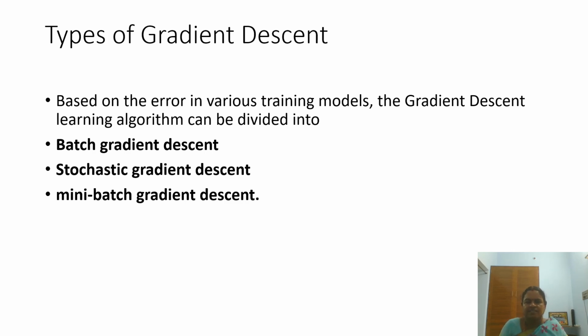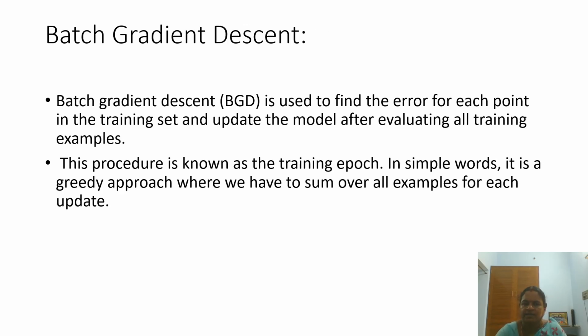Types of gradient descent, based on the error in various training models, are divided into batch gradient descent, stochastic gradient descent, and mini batch gradient descent. So let us see one after the other. Batch gradient descent is used to find the error for each point in the training set and update the model after evaluating all training examples.